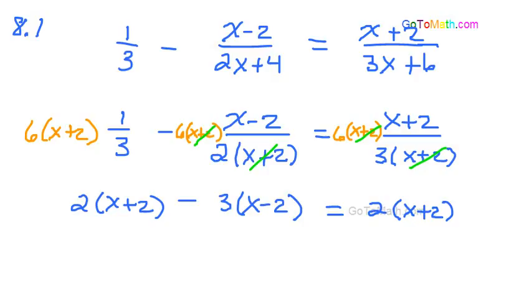Because if I take this over to the right hand side, we end up with 2 times (x plus 2) minus 2 times (x plus 2), so they just cancel out. Now let's take a look at what we got here. We got negative 3x. Negative 3x, and then this minus, the minus makes that plus. 6 is equal to 0.